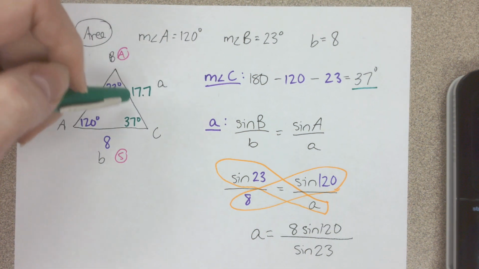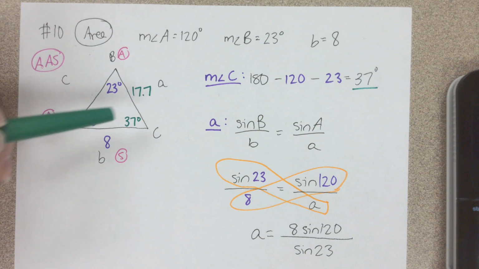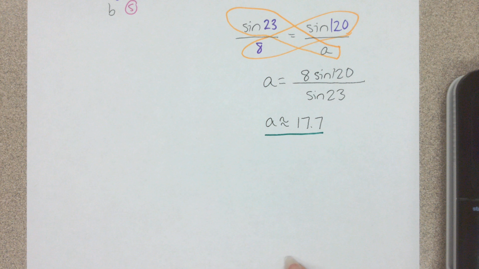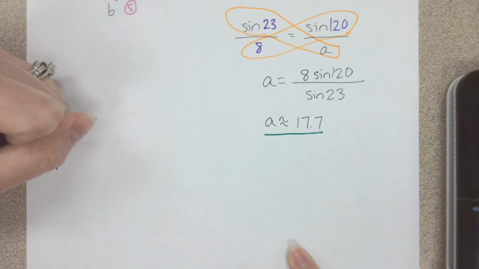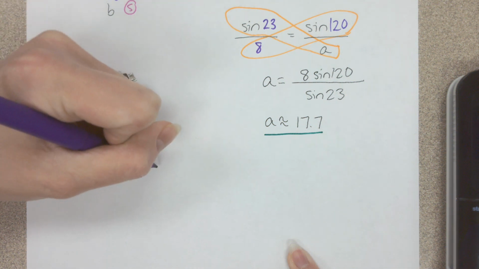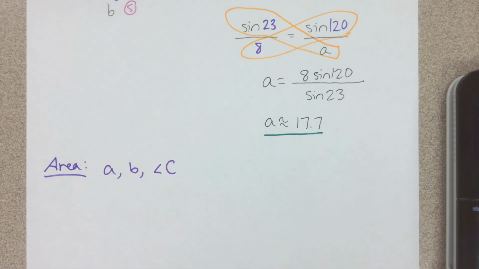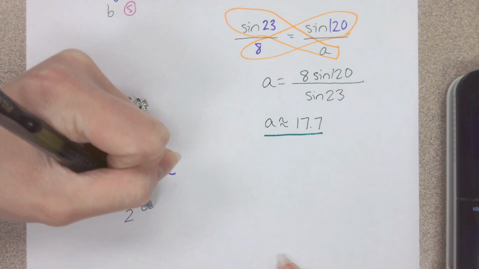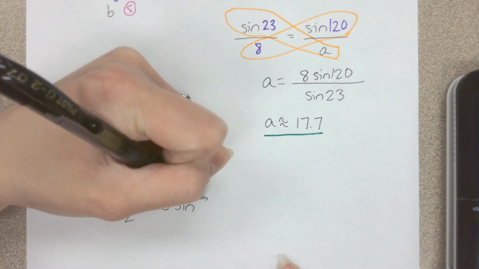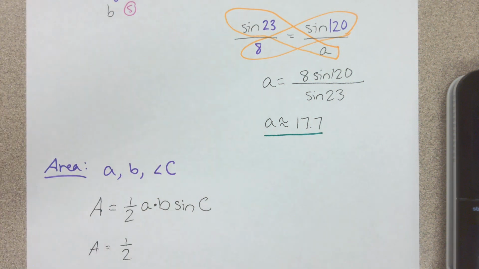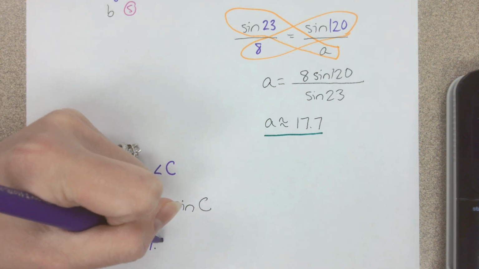And now I have the SAS set up I need to use the formula. So I'm going to use sides A and B with angle C to get the area. Which I believe is what I used last time. Yep. So A equals 1/2 A times B sine of C. A is 17.7.